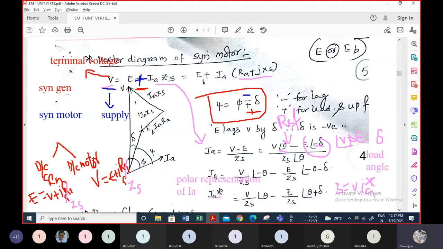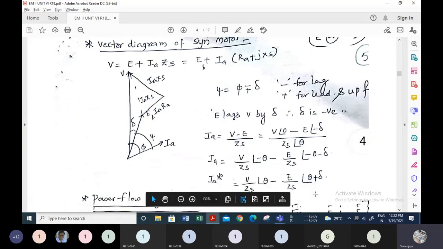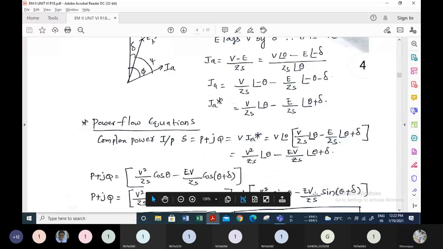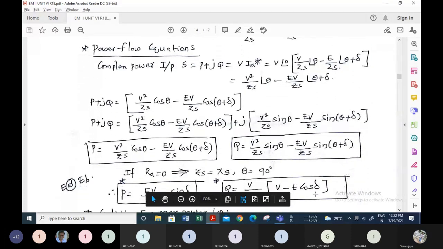The formula is apparent power equal to V into Ia conjugate, that is the reason I'm representing Ia conjugate, to substitute later in this equation. I hope I'm clear, and you can ask me any doubts. Shall I proceed?